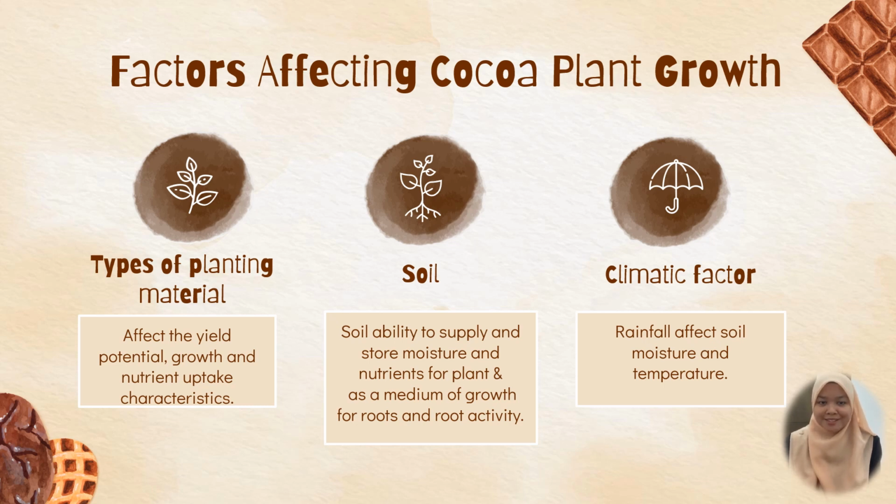Also, soil properties are measured and determined to know its ability to supply and store moisture and plant nutrients for the plant, and its properties as a medium of growth for roots and root activity. Last but not least, climatic factors can affect nutrient requirement, as rainfall affects soil moisture and temperature will eventually affect overall growth.